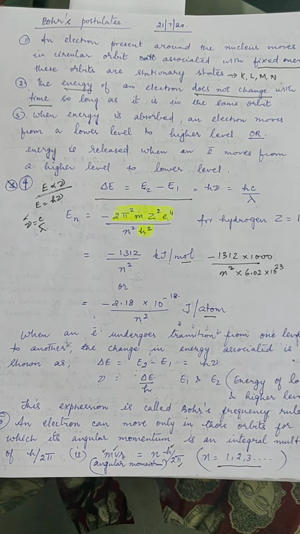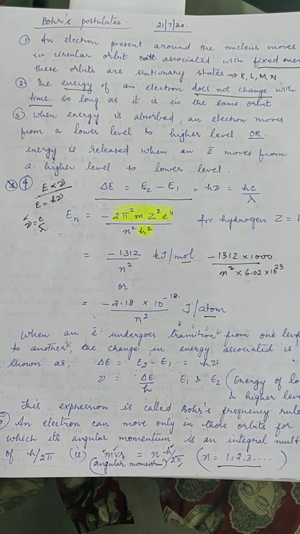So when you solve this whole thing, you will get minus 2.18 into 10 power minus 18 joules per atom upon n square. So this is nothing but the energy of an electron belonging to the nth orbit, any orbit, it may be 1, 2, 3, anything.